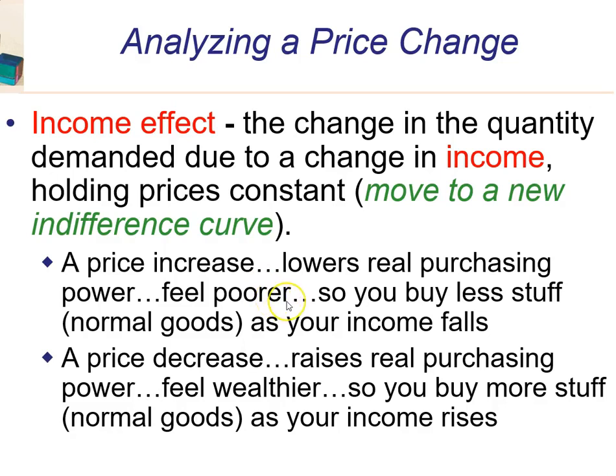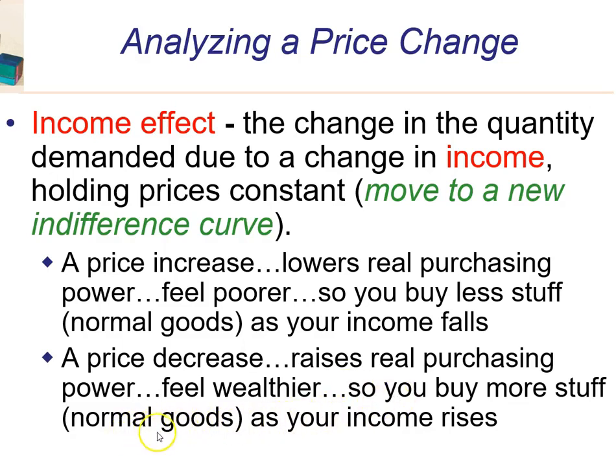So now you're going to buy less stuff, particularly normal goods, which you'll buy less of at lower incomes. Or the price could fall, in which case you're going to feel wealthier because this has raised your real purchasing power, your ability to buy stuff. So you're going to buy more stuff now.